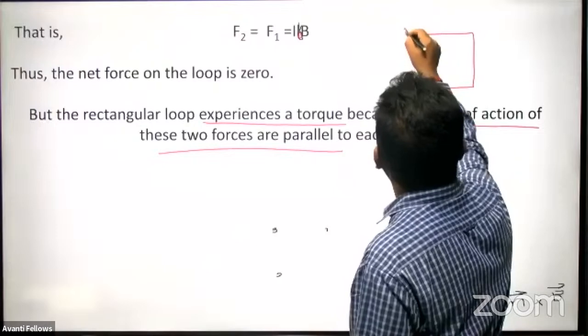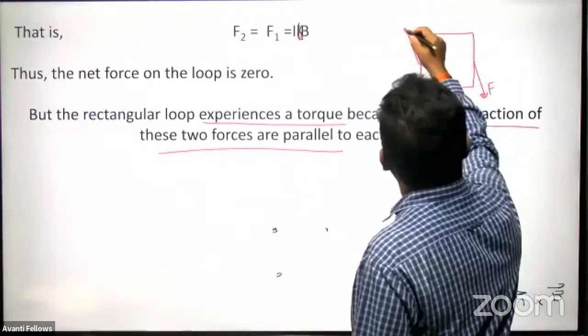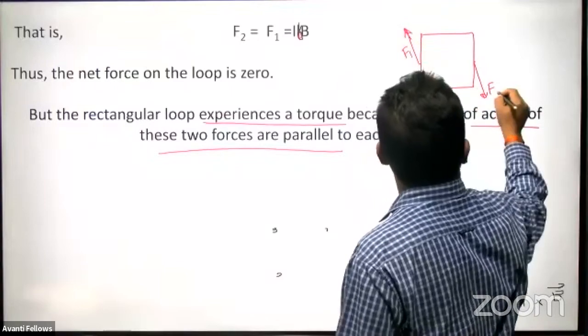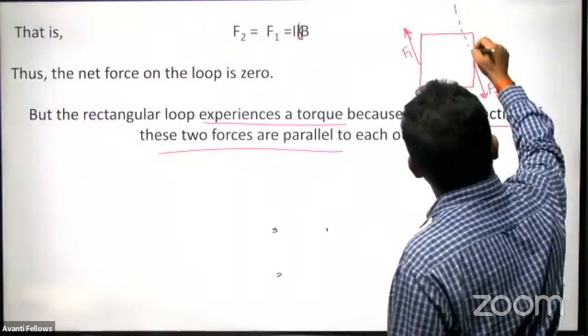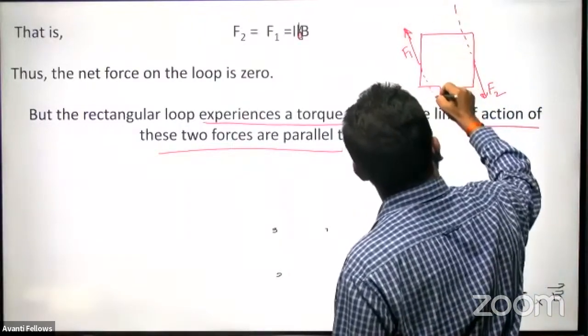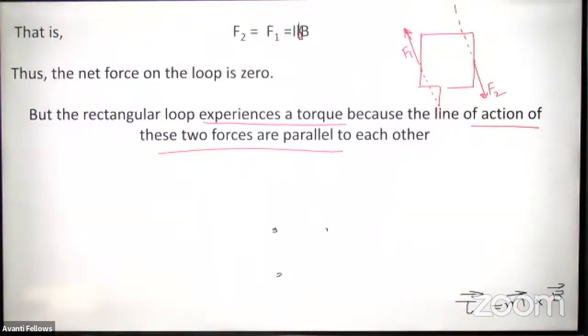This will go up, this will go down. This is one force, this is another force, F1 and F2, but the lines of action of these two forces are parallel to each other.